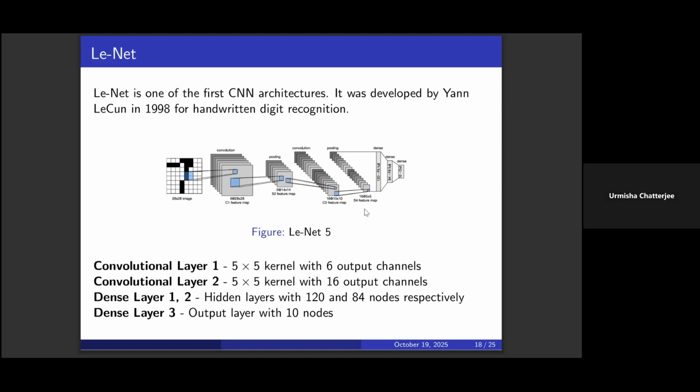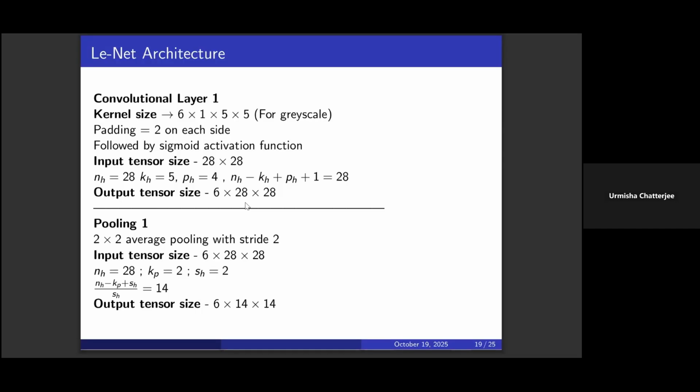Now you can see there are some values written, like a 28 by 28 image becomes a 6 by 28 by 28 feature map. Here you can see it. Let me tell you how it becomes a 6 by 28 by 28 image. Let me tell you a little bit in detail about the LeNet 5 architecture that Jan LeCun originally used.